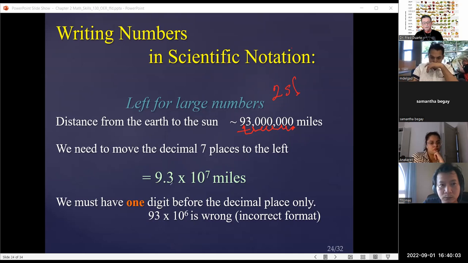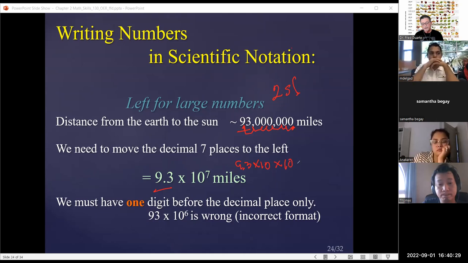Okay, so that's where the decimal point is, 9.3. And then it's times 10 to the exponent 7, because that is the number of decimal places it came across. That is no different than if I were to write it longhand: 9.3 times 10 times 10, etc. So I got 7 tens.